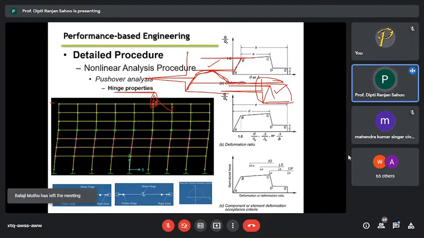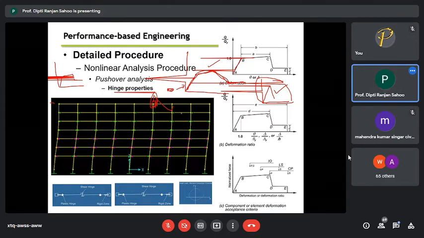You take a cross section and define that here there is a hinge, a point where the force-deformation behavior will be like this. At the same point you can define the shear hinge, because the same beam can fail in shear.